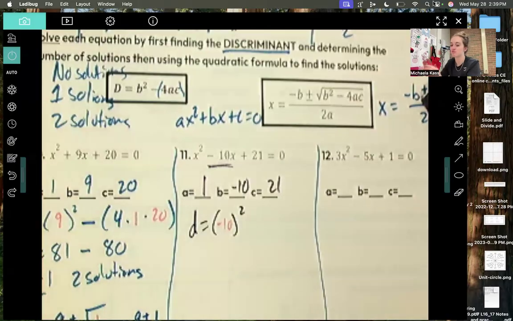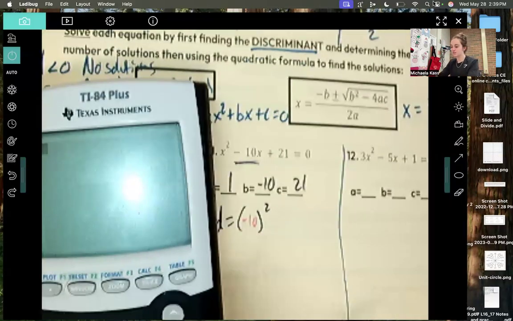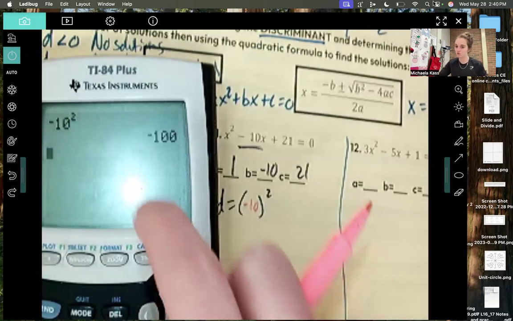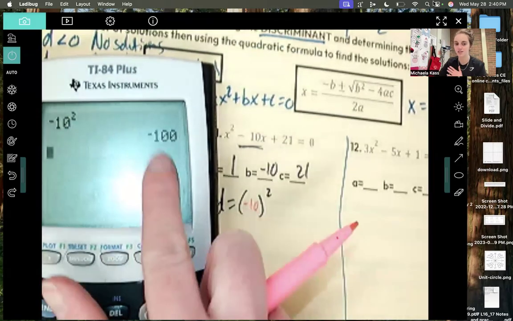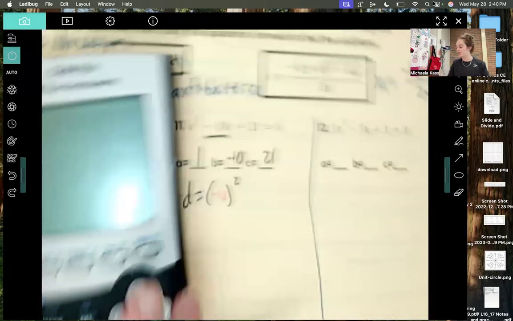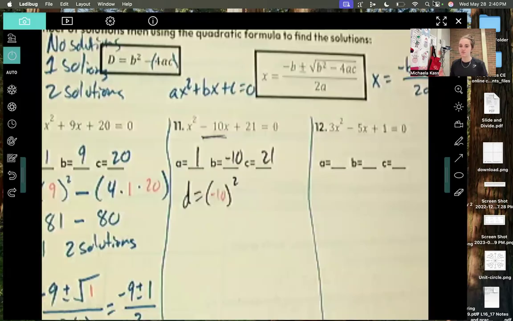Stop being lazy and just write the parentheses down. I promise you, you'll get all the right answers if you do this, okay? If you keep using no parentheses, you are going to be typing this and you will be getting the wrong answer. This is not correct. What we want to do is negative 10 times negative 10, which means it will be positive, okay? So please use parentheses.